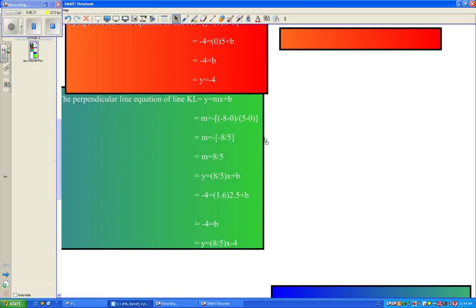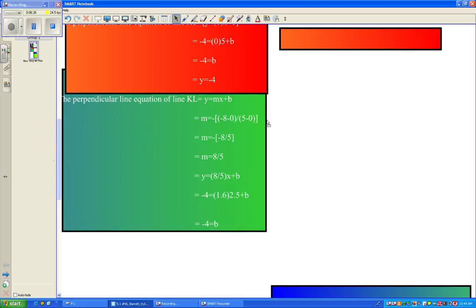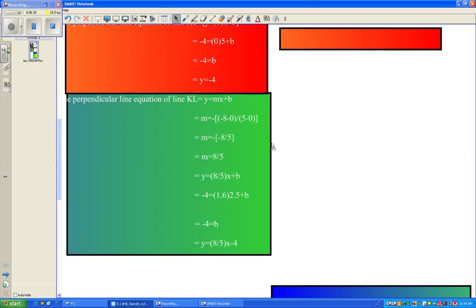And if you put that into the equation, that equals y equals 8/5 x minus 4.